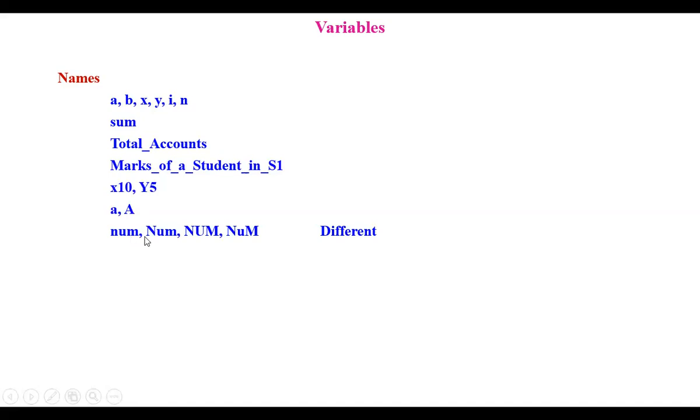Here, all are small, only first one is capital, all are capitals, and only first and end are capitals. So all these are treated differently by the system. So we must be careful in writing, and when you are using these variables, suppose you have declared like this and you try to reuse that using capital N, it treats it as a different variable. So this sort of mistakes should not be done.